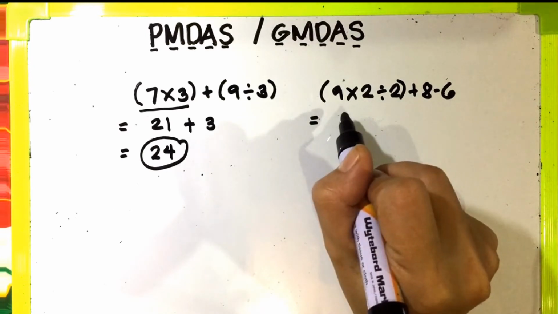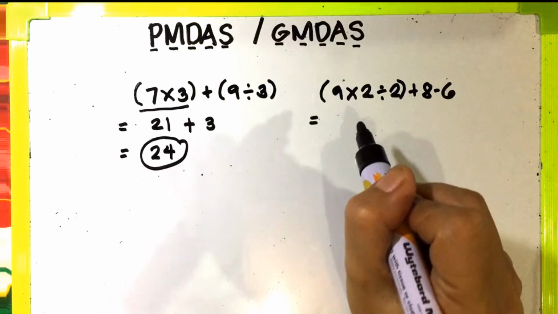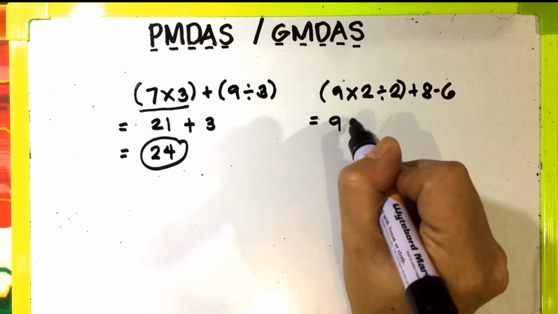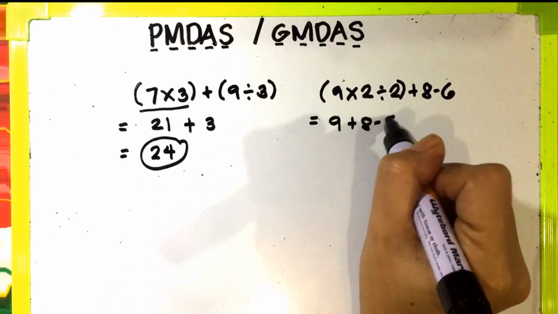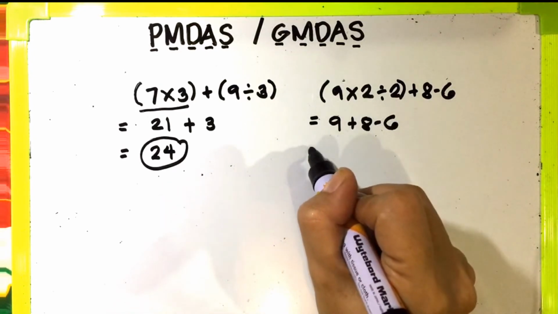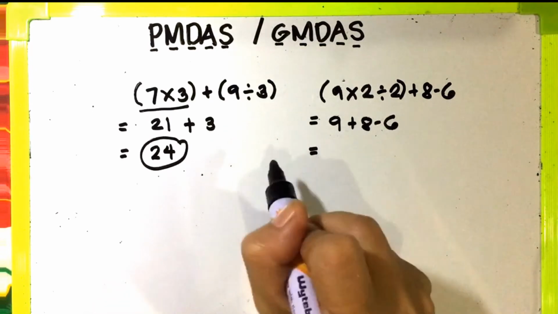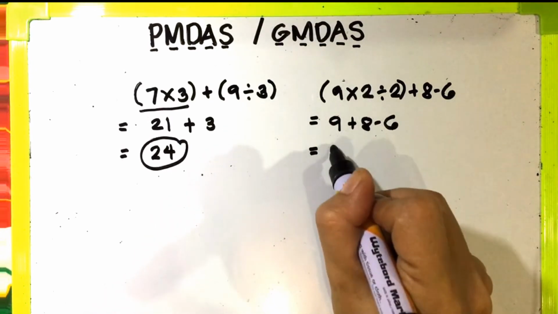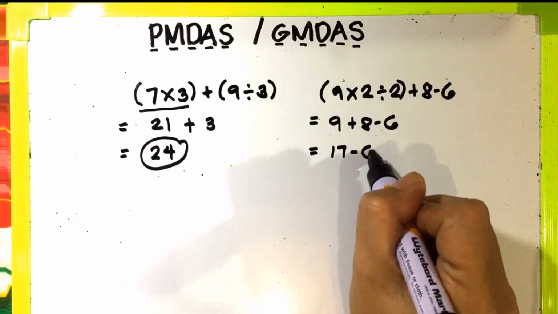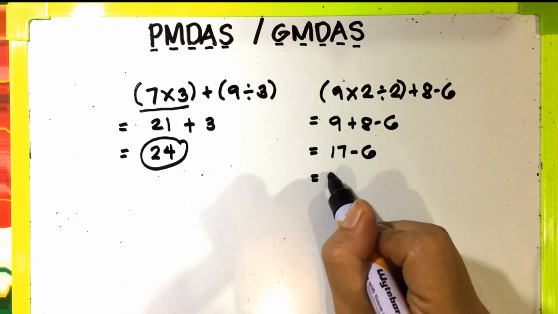So, we will solve from left to right. 9 times 2 is 18, divided by 2 is 9. Plus 8 minus 6. We will just copy 8 minus 6 because we did not solve them yet. Then, addition and subtraction from left to right. 9 plus 8 is 17, minus 6. 17 minus 6 is 11.